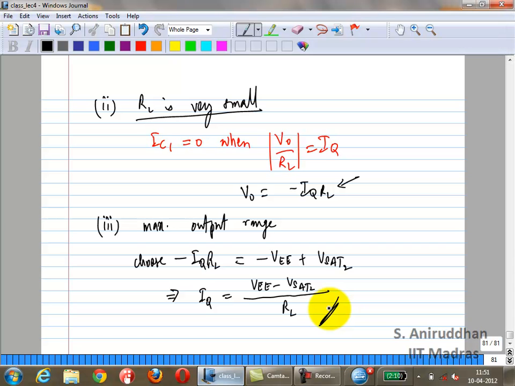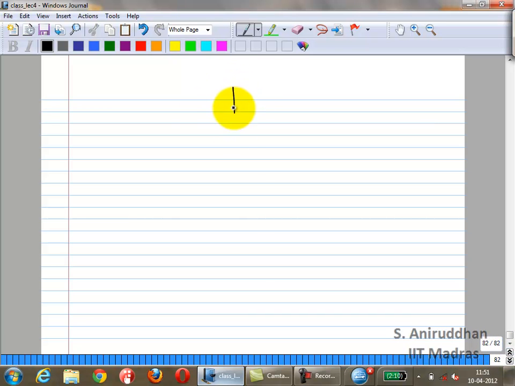Okay. Now suppose you have to draw the transfer characteristic. V out versus V in. What will it look like? Anybody?